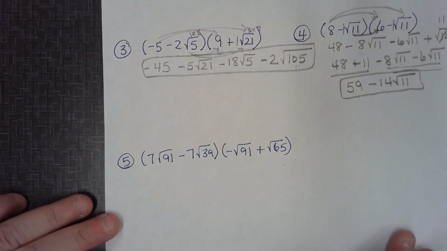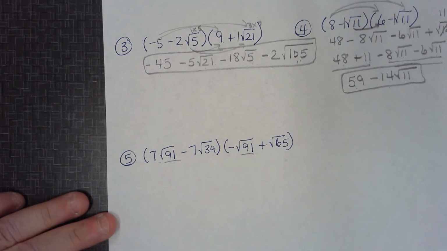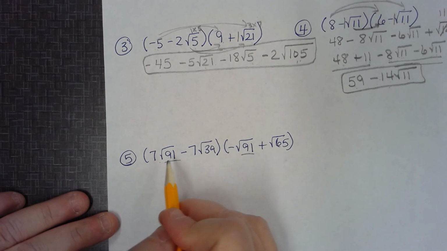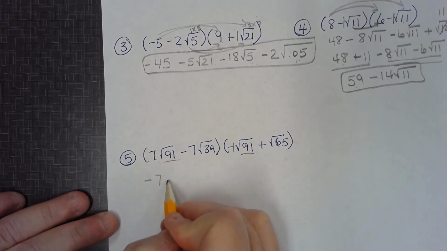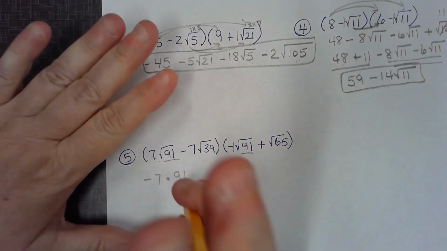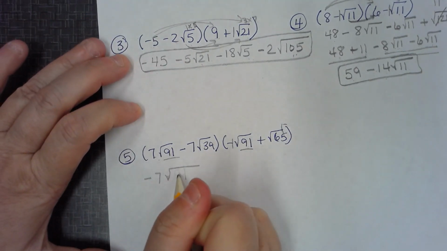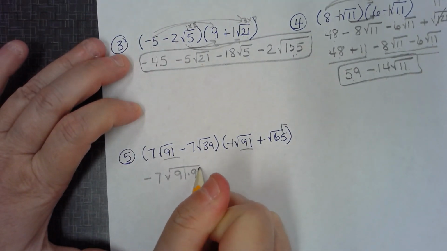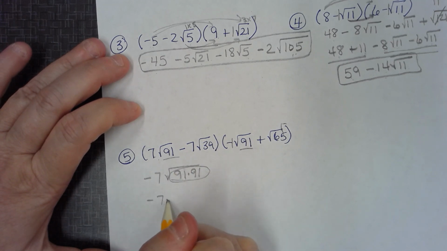All right, last one. So first times first, look at this. We've got a radical 91 times a radical 91. So that's going to be 7 times negative 1, which is a negative 7, and it's going to be times 91, okay? Or if you want to look at it this way, it's radical 91 times radical 91, which means you can pull that 91 out, okay?